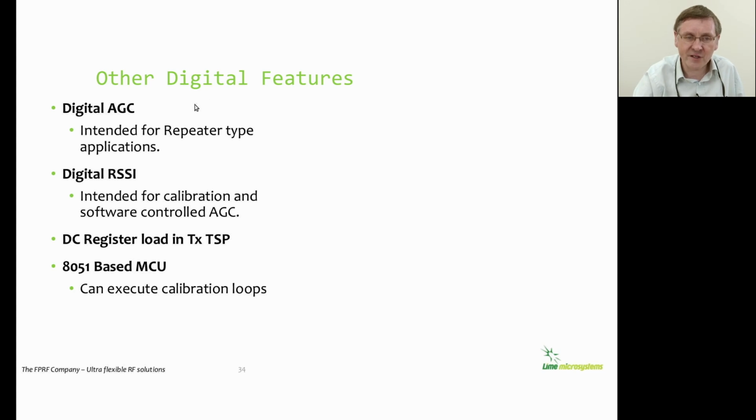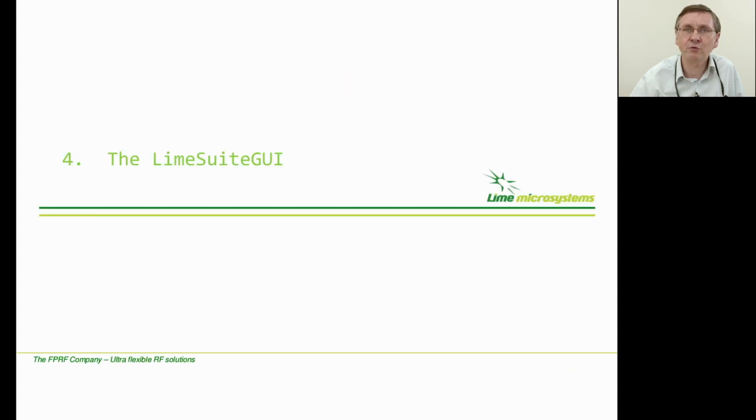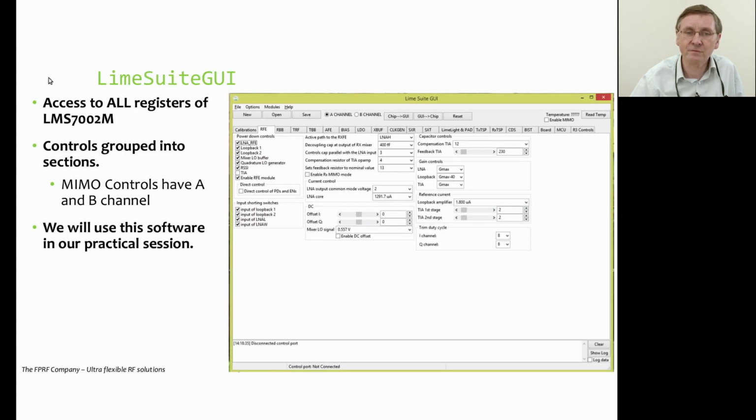Additionally, there's an AGC block designed for repeater applications and a receive signal strength for calibration and for controlling the AGC. The digital block also includes an 8051 based microcontroller which we use for running the calibration software.